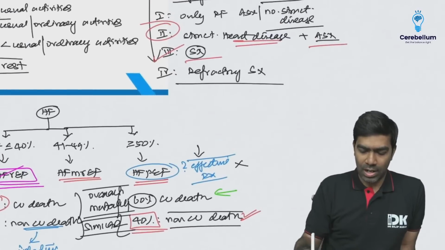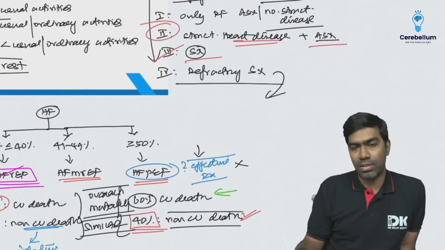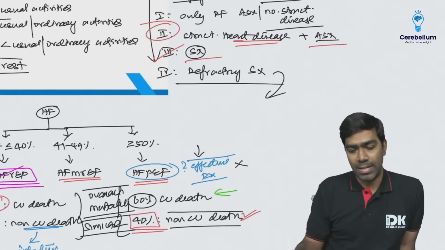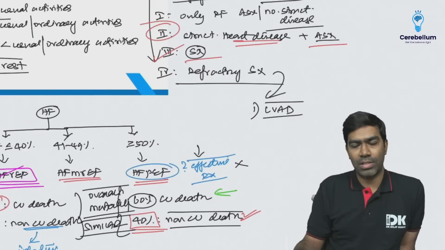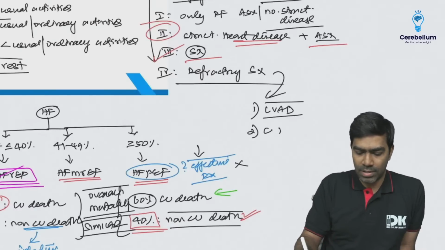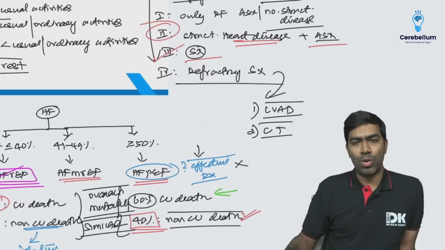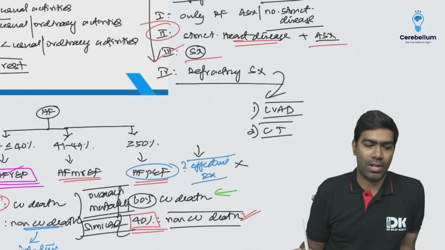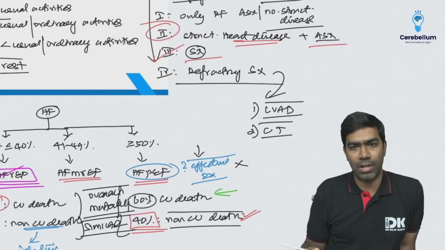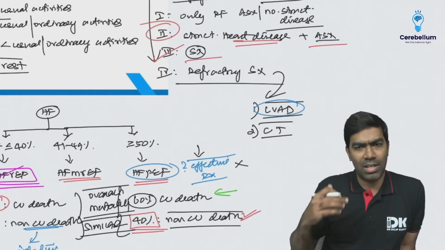Now, what about refractory heart failure? If the patient is having refractory symptoms, refractory heart failure, then two treatment options are there. One is LVAD, left ventricular assist device. Second is cardiac transplant. That's it. Only two options are there for patients with refractory or advanced stage heart failure: left ventricular assist device and cardiac transplant. LVAD can be used as a bridge to transplant.